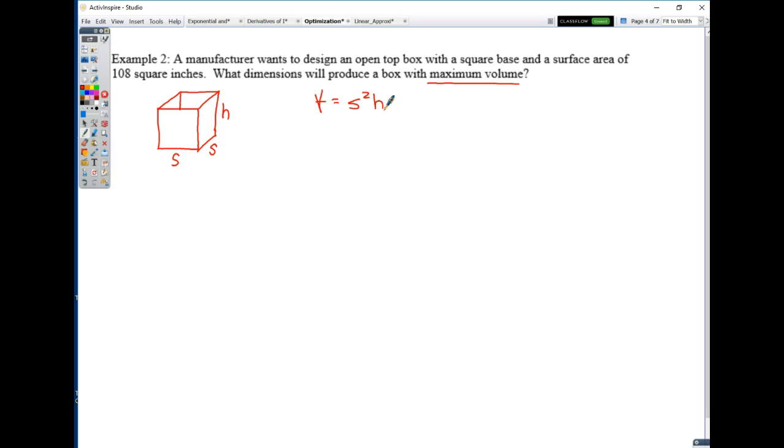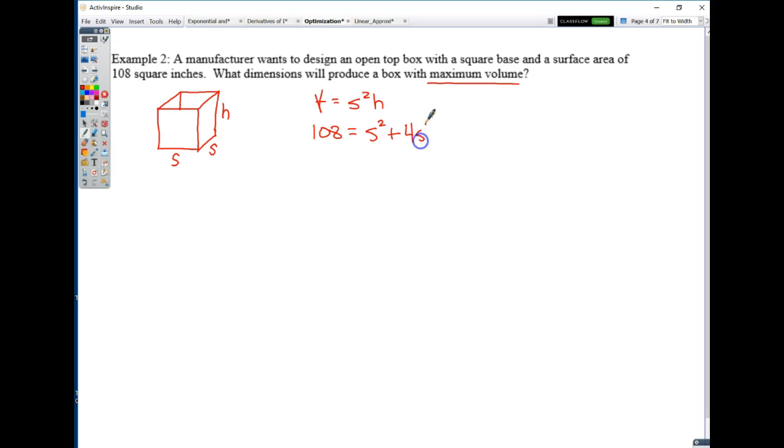Surface area. I know my surface area is 108, but how do you find the surface area of an open-topped box? S squared plus 4SH.